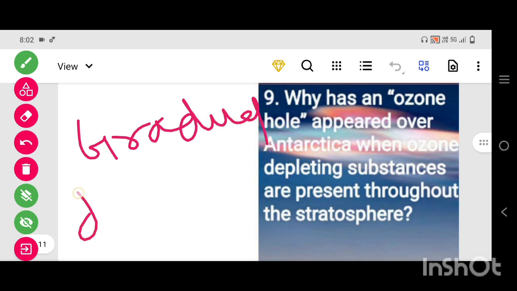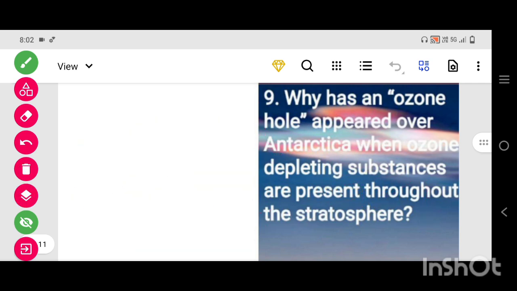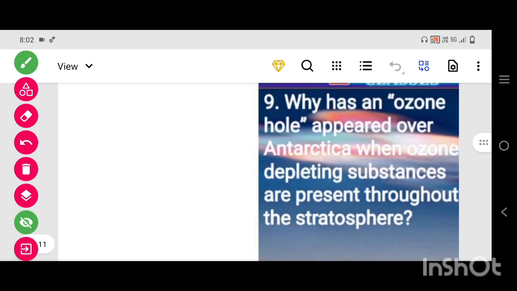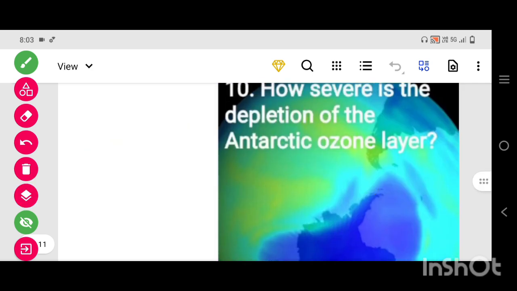Gradual decrease or reduction in the amount of ozone gas present in the layer, reduction of ozone gas present in the atmosphere. Now this is severely affecting the depletion of the ozone layer over the Antarctica region.